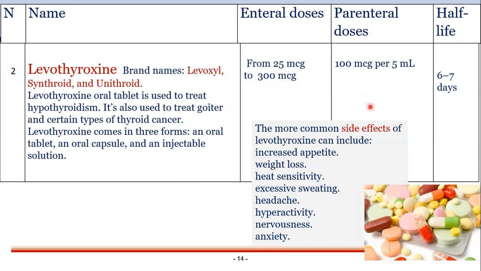Of course, these drugs have some common side effects. The more common side effects of levothyroxine can include increased appetite, weight loss, heart sensitivity, heat sensitivity, excessive sweating, headache, hyperactivity, nervousness, and anxiety.